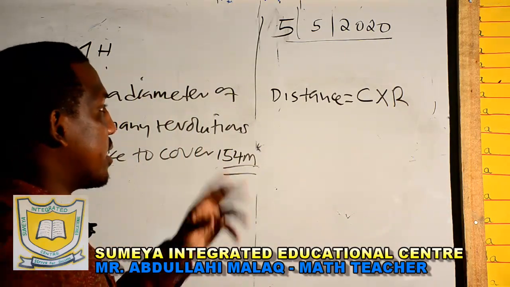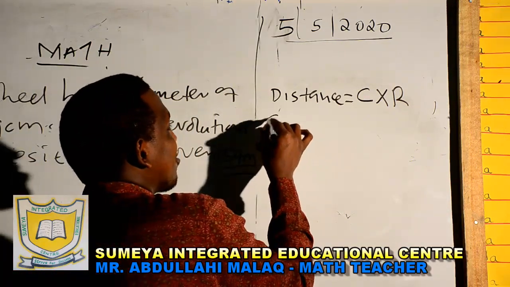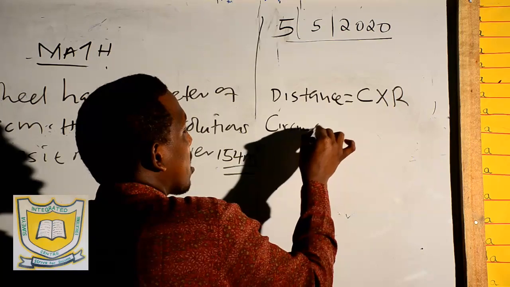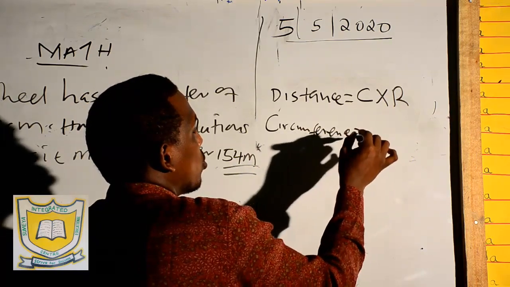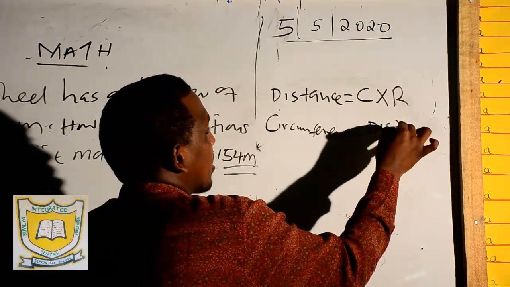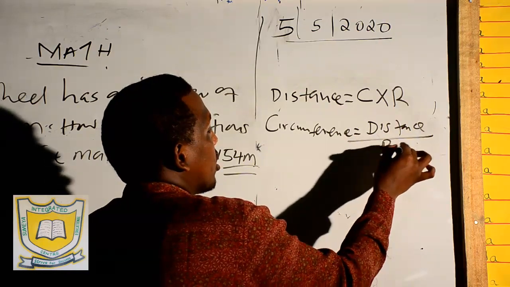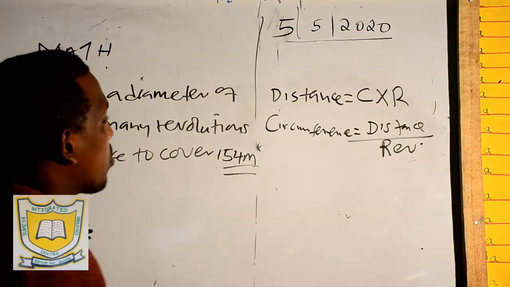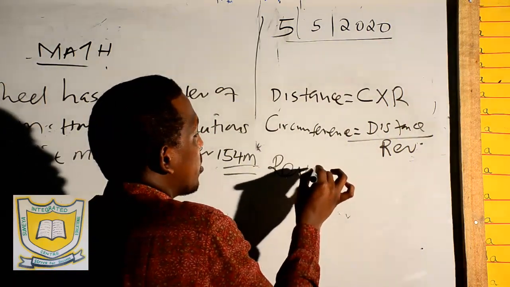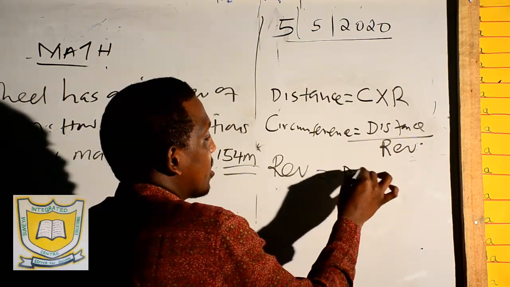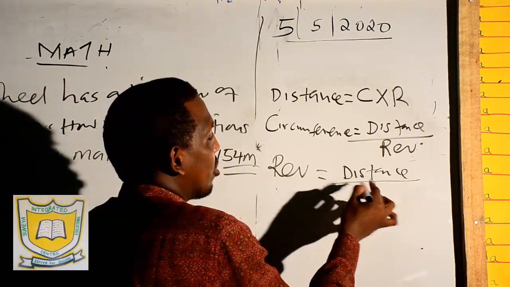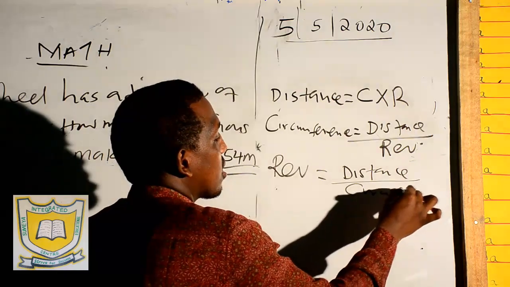And when they want circumference, circumference is equal to distance over revolution. And when they want revolution, how do we get revolution? Revolution is equal to distance over circumference.